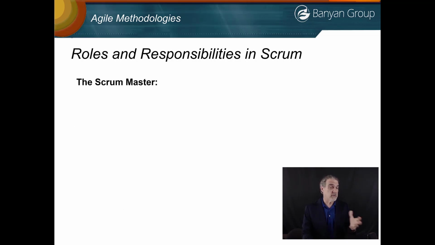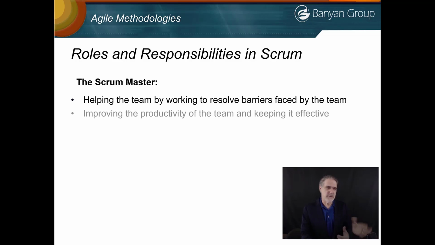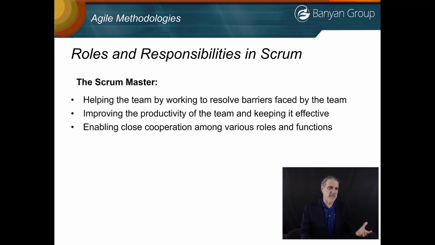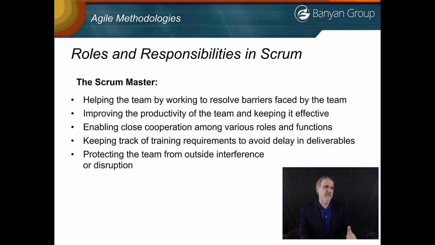Now we also have the Scrum Master. Some people might call this the project manager, but it's a facilitator role. The Scrum Master helps the team by working to resolve barriers faced by the team, improving the productivity of the team, and keeping the team effective, enabling close cooperation among various roles and functions, and keeping track of training requirements to avoid delay in deliverables.